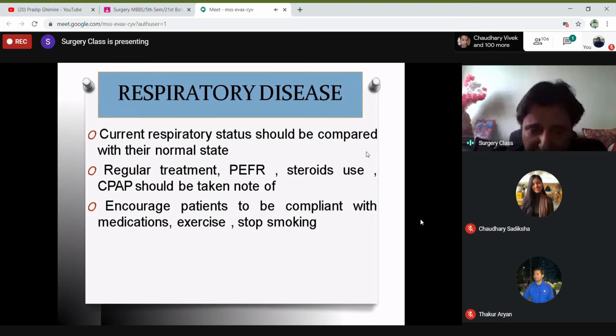These are the situations where you have to evaluate the pulmonary function status.